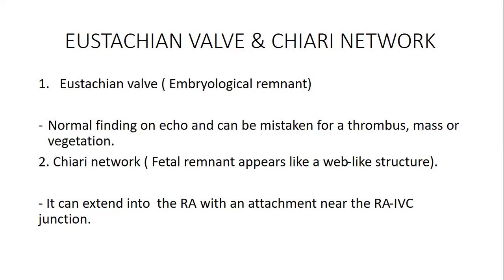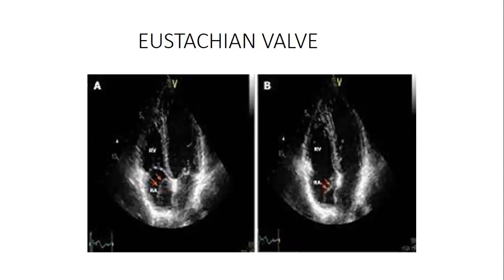The clinical history of the patient has to also be followed. Again, the Chiari network also appears almost like the Eustachian valve. It's a fetal remnant that looks like a web-like structure, and it will also look like a dangling lesion within the right atrium. It can extend even up to the IVC junction with attachment. So those lesions may be seen.